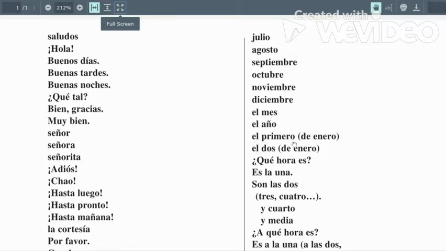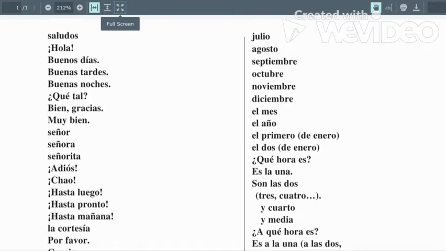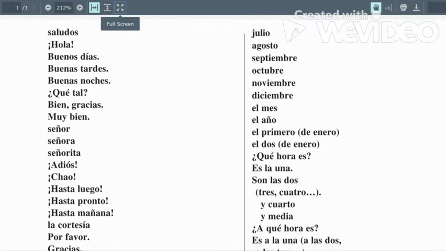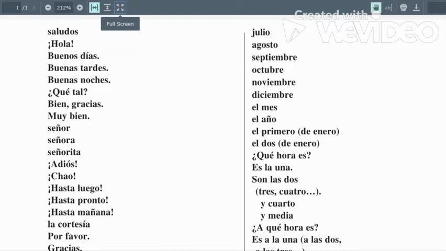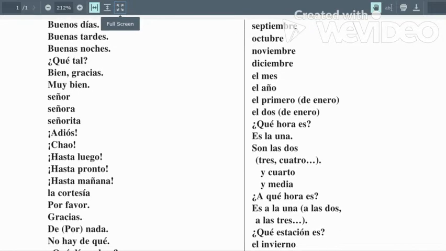So you could say those days like that, but you'd also, if let's say today's date is September 3rd, so you say hoy es el 3 de septiembre. Okay? Hoy es el 3 de septiembre. So it is saying like the 3rd of September.